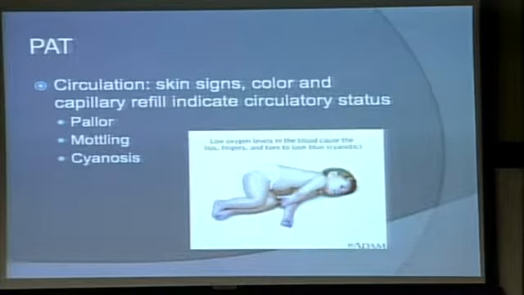But mottling is not normal for children out of the neonatal period. Are they cyanotic? Obviously, cyanosis is low circulation, low oxygen level to those fingers, toes, lips, etc.